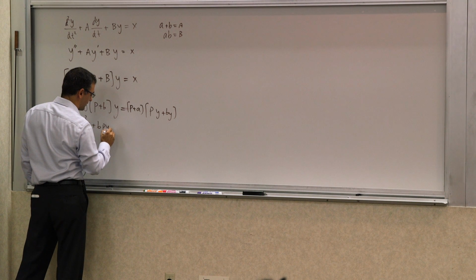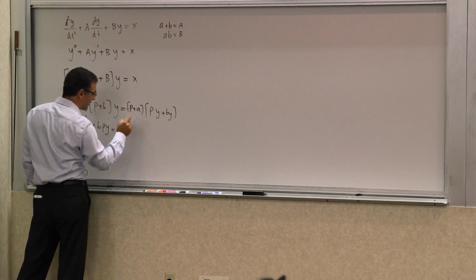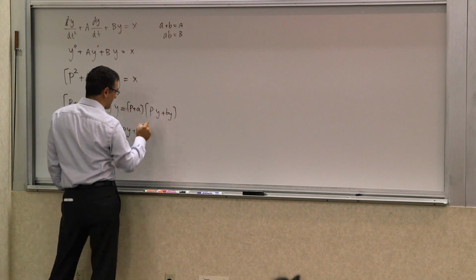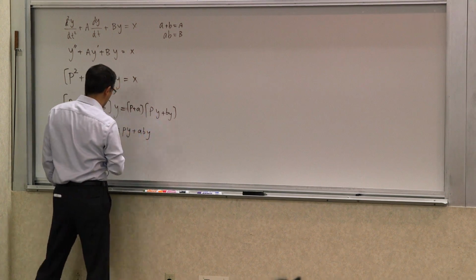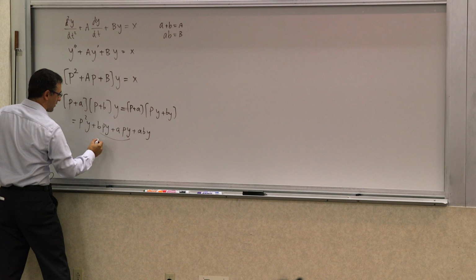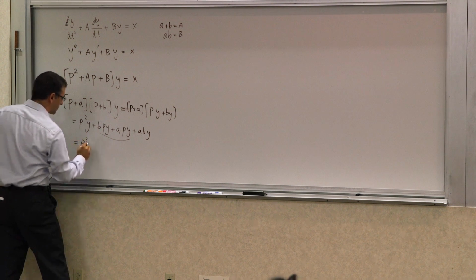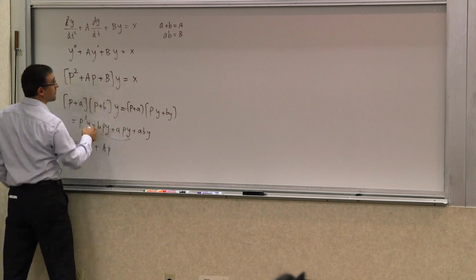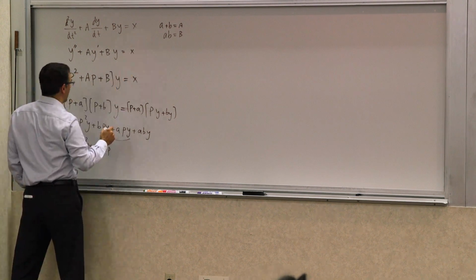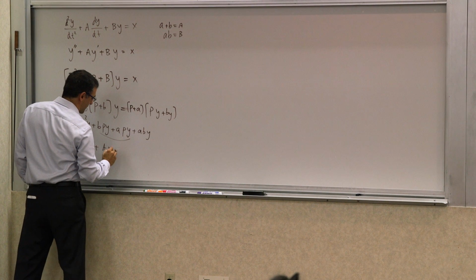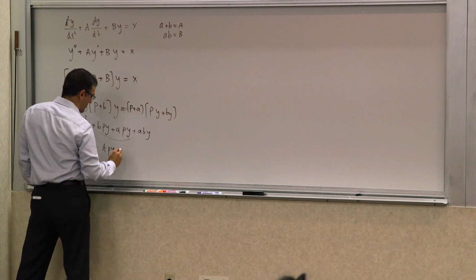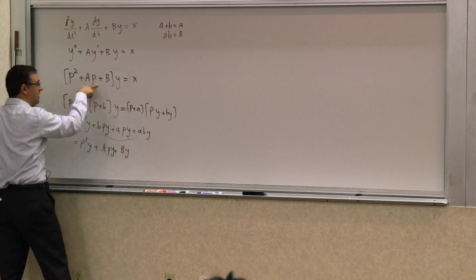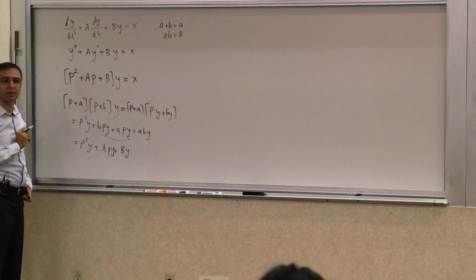This operates on that, which is basically a multiplication because it's a constant, a p y plus this times that, which is just a b y. So if you combine them, you really do get p squared y plus a p, considering that a plus b is capital A, and then y, and then you get b y. So you can see that this is really equal to that when it operates.